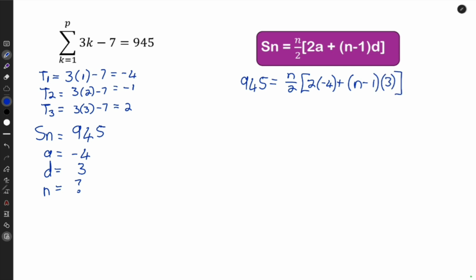Okay, so this is again one of those trinomial type of sums where I need to simplify this into trinomial form so I can use the formula and figure out what is N. So first thing I'm going to do is I'm going to multiply by 2 on both sides and just simplify this bracket a bit more.